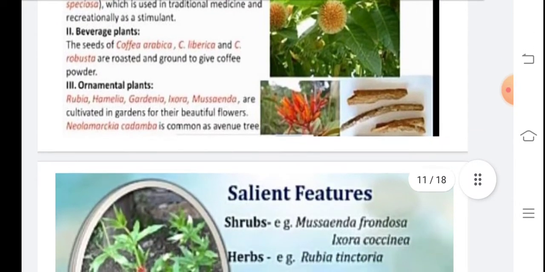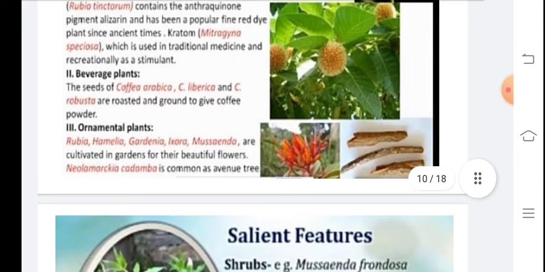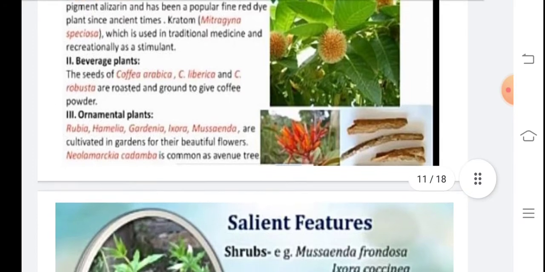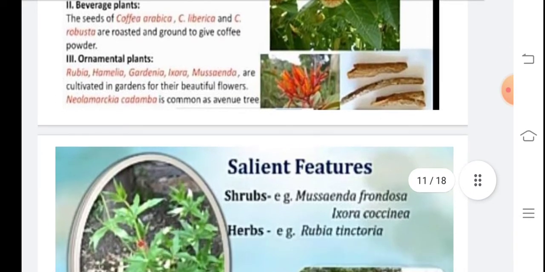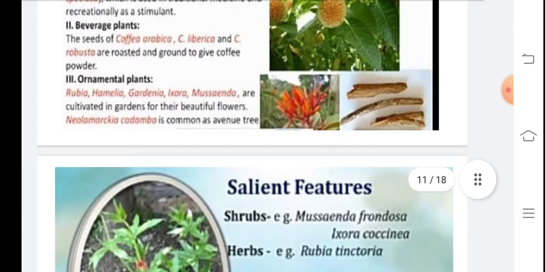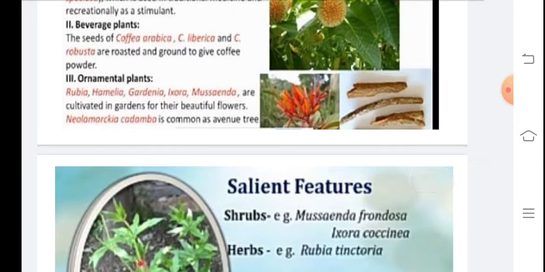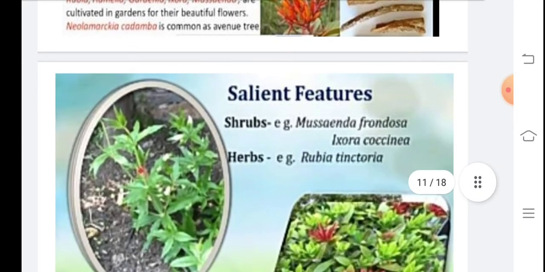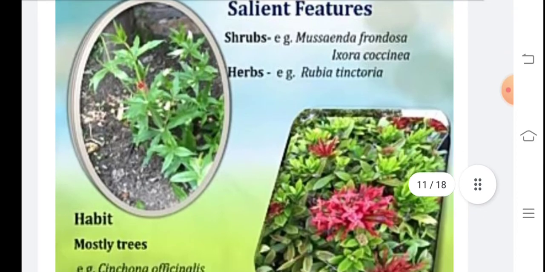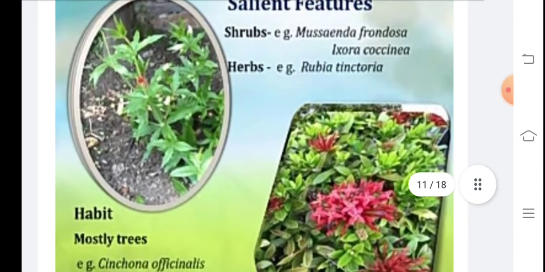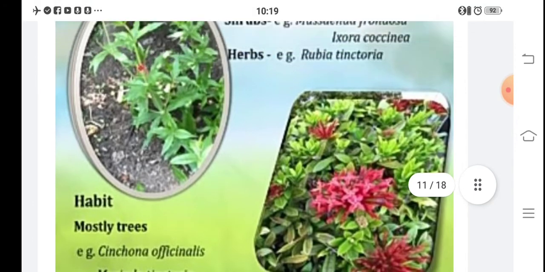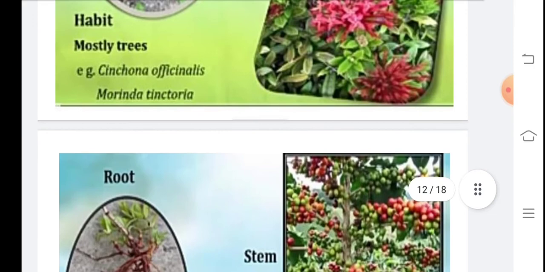The seeds are roasted and ground into coffee powder. In ornamental plants, Rubia cordifolia, Hamelia, Gardenia, Dikamali, Ixora, and Mussaenda are cultivated in gardens and have beautiful flowers. Some plants you see here are Mussaenda frondosa and Ixora tinctoria, right? Small flowers are there. These are good examples.